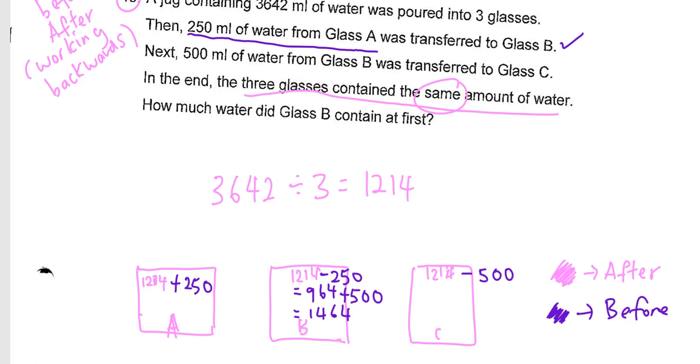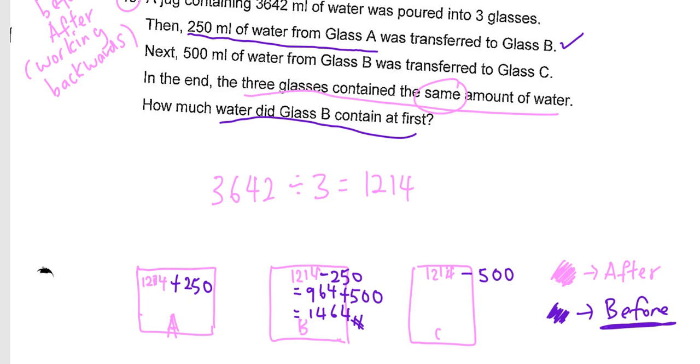Alright, so the question is, how much water did glass B have at first? So you see this purple color, the second color that I have, is for before, at first. The answer is already out: 1464. Alright, so you need to determine whether to plus or minus. Before it was being transferred, it ought to have more or lesser, you make the decision.